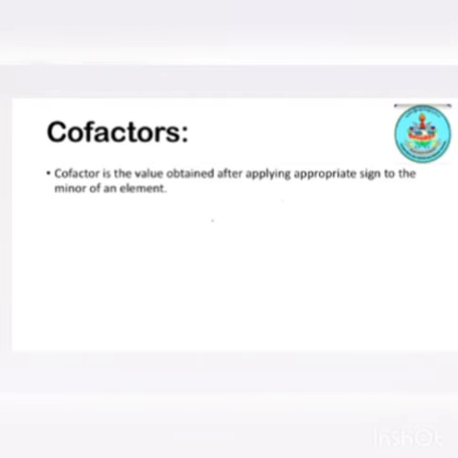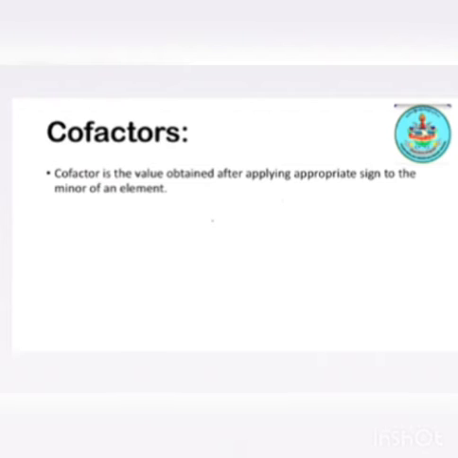Next, we have cofactor. Hope I'm not putting you to sleep. We are almost at the end, so please have patience, okay? So cofactor is the value obtained after applying the appropriate sign to the minor of an element. It's a very simple thing. If you know how to find the minors, cofactor is just a matter of sign.